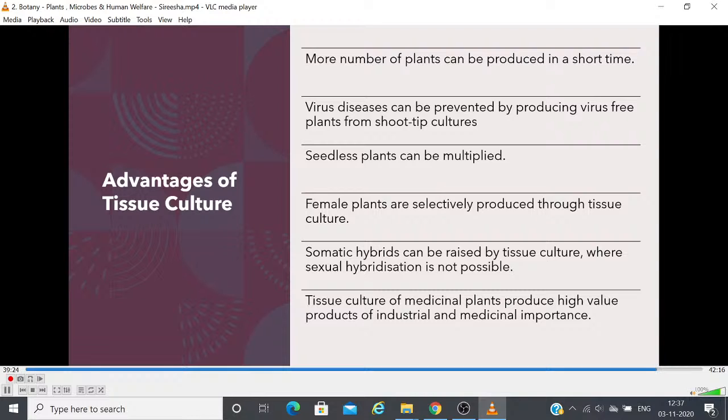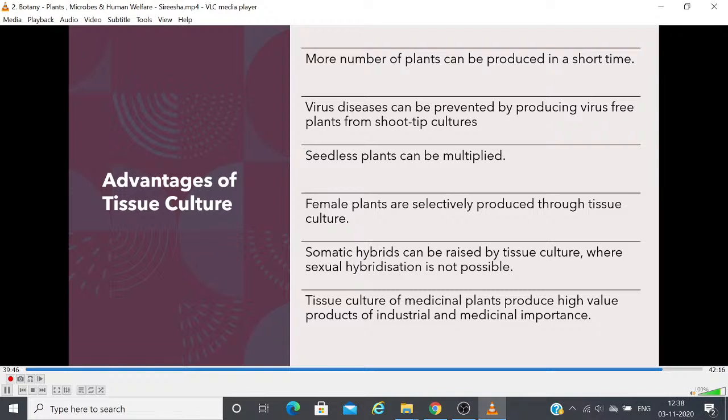And also virus diseases can be prevented, meaning we are developing the plant without any pathogens, without being affected by any pathogens. These plants are protected, and these plants are happily cultured in the labs.